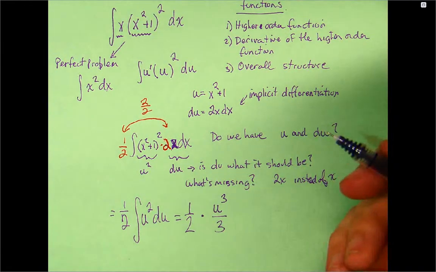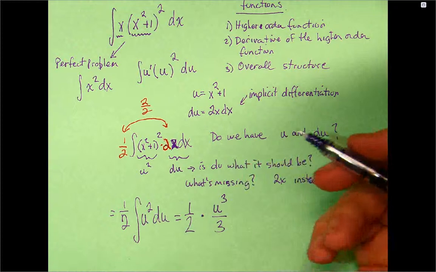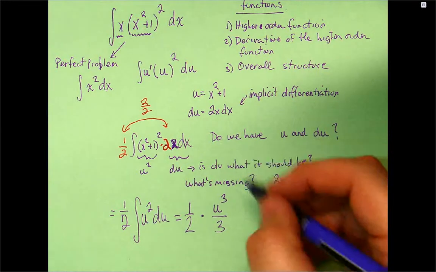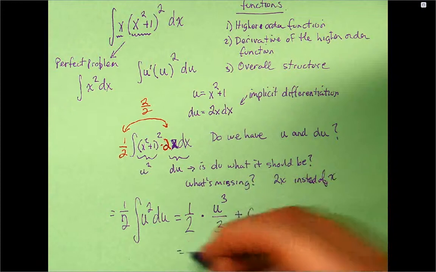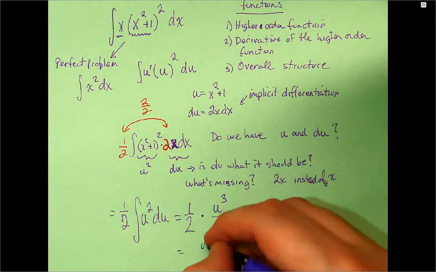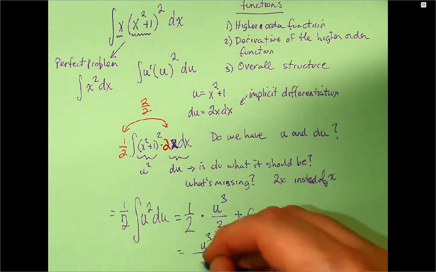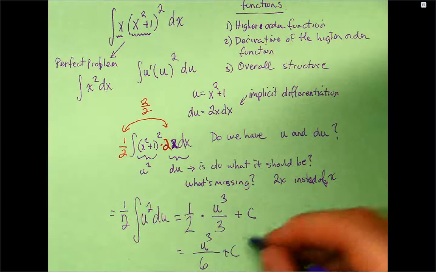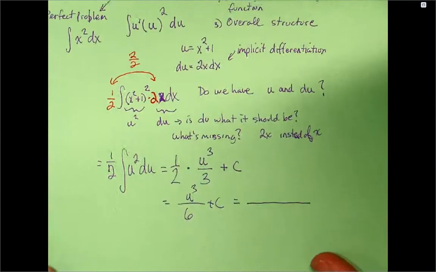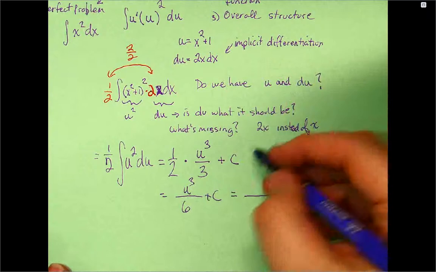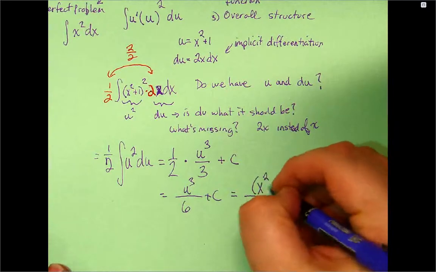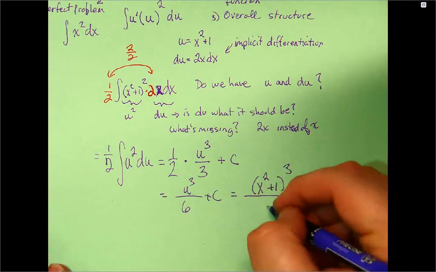Either way. Plus what? Plus c. So this is now u cubed over 6 plus c. Now, what was my u? There's your answer.